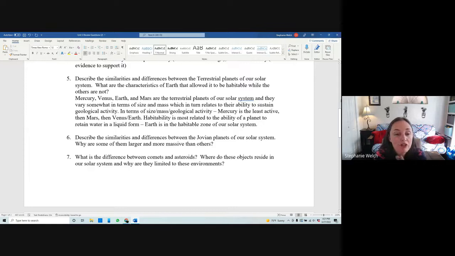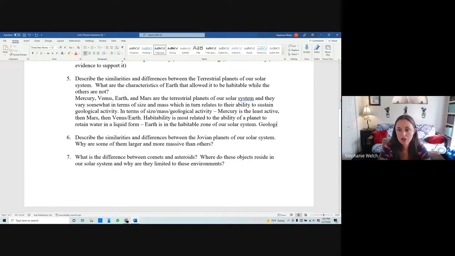Now, if we were any further away, if we were somewhere along the distance of maybe Mars, maybe a little bit further away, like the asteroid belt, then the planet is too far away. And then that water can't exist in a liquid form because it's going to be in an icy form. The other aspect of Earth that allows it to be habitable while the others are not is its ability to retain geological activity.